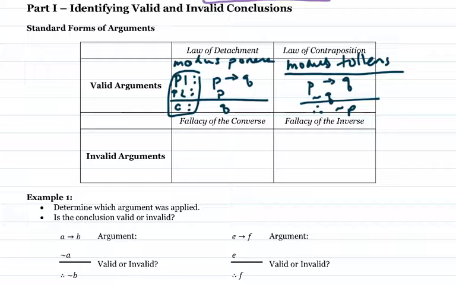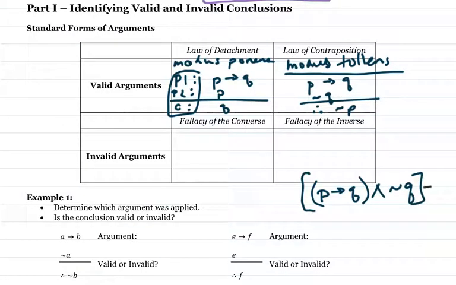Okay, so again, in order to prove this with a truth table, we would take the first premise, if P then Q, and the second premise, which is not Q, and then make the conditional so that we have, if the combined premises with a conjunction, then the conclusion.